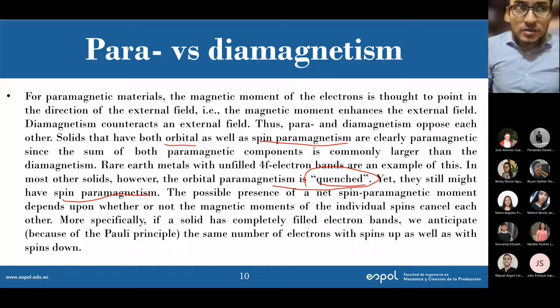So you're asking basically if a paramagnet is slightly a ferromagnet. Yes.